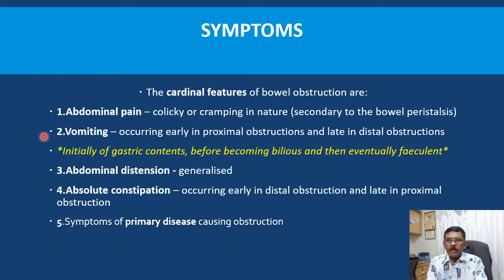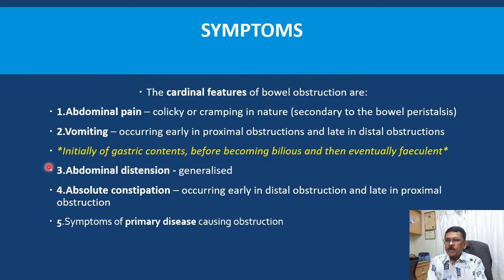Then you have vomiting, which occurs early in proximal obstructions and late in distal obstructions. Initially, the contents of the vomitus are gastric or food contents, undigested food, before becoming bilious, and then eventually it may become feculent.